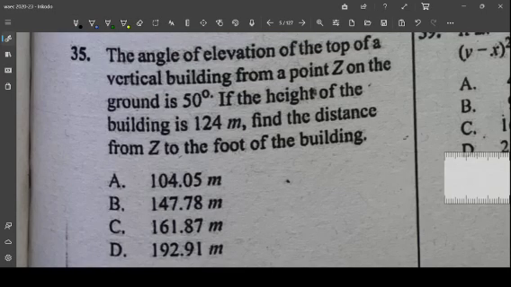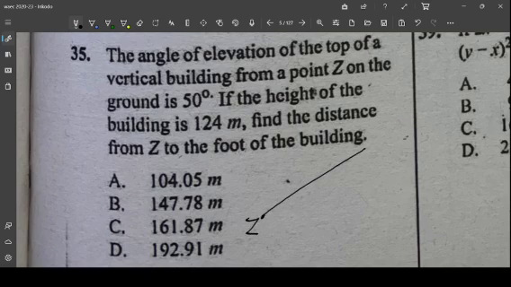Question number 35 says, the angle of elevation of the top of a vertical building from a point Z on the ground is 50 degrees. So let's draw that. I have the vertical building, and this is the point Z on the ground. The angle of elevation from this point to the top of the building is 50 degrees.